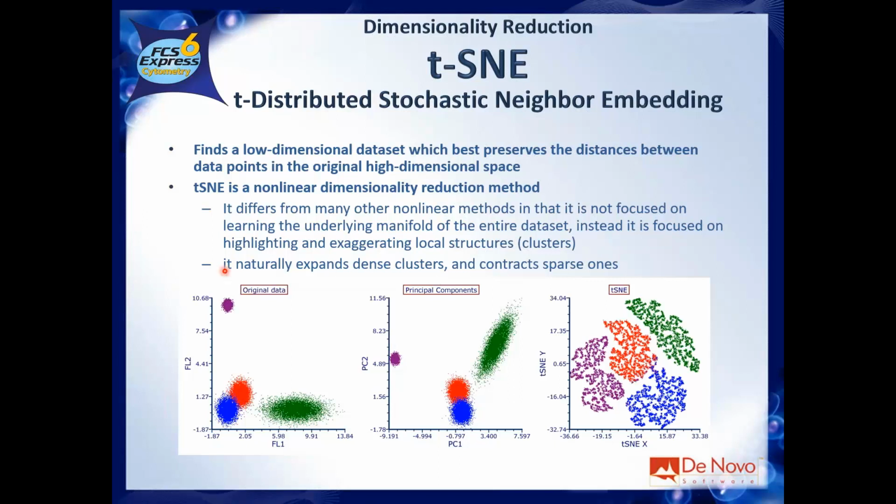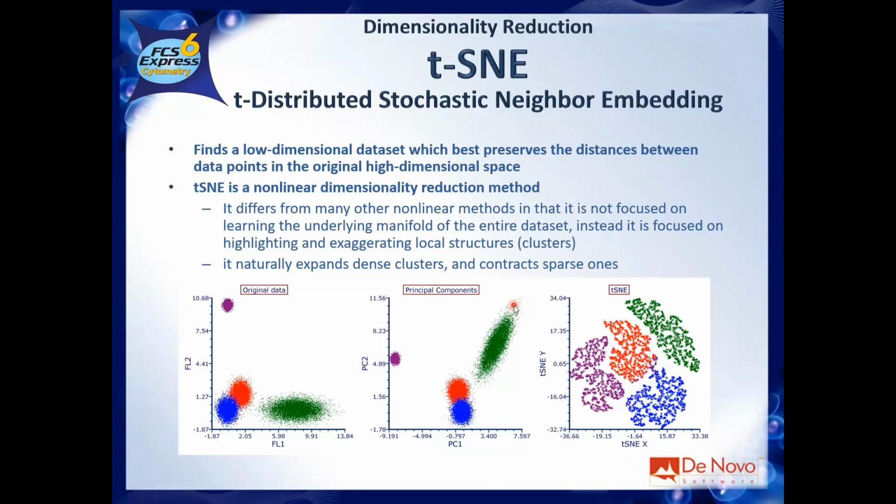While with tSNE, you see here, it naturally expands dense clusters and contracts sparse ones. You can clearly see this, for example, looking at the violet population. The violet population is sparse. This is the result of a tSNE transformation, which contracts sparse ones.